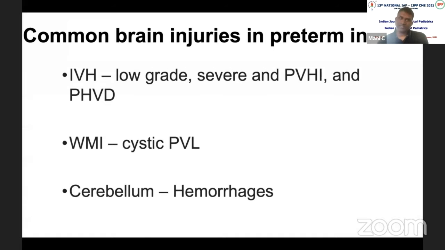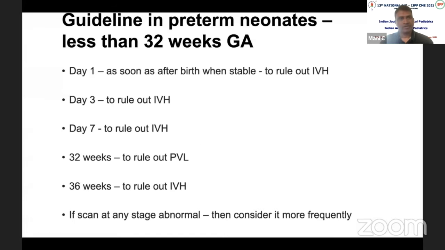So what are the abnormalities that we see in the ultrasound? The common injuries we see in preterm babies are IVH, white matter injury, and cerebellar hemorrhages. Cerebellar hemorrhages are not often easy to diagnose, so sometimes you have to go to the mastoid view to diagnose them. In preterm babies in the NICU who are less than 32 weeks, all of them should have an ultrasound scan.